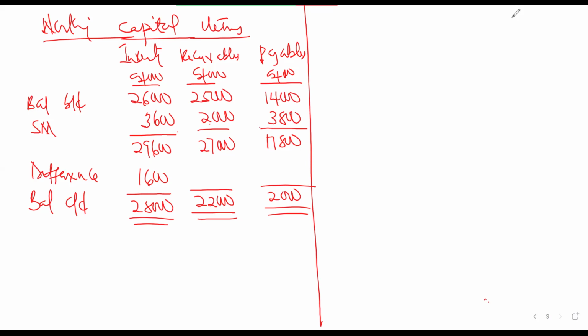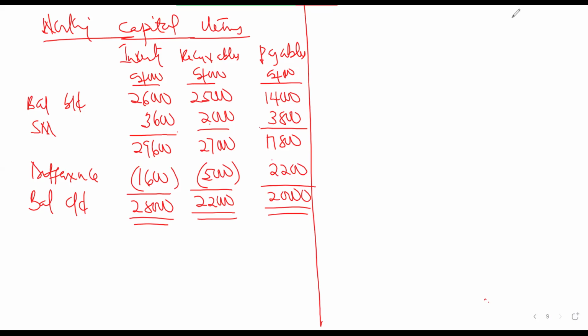So we have the receivables will be how much? 5,000. So that is a reduction of 5,000. So this will all be a reduction. Okay. 2,200. Okay, that will be an addition of 2,200.